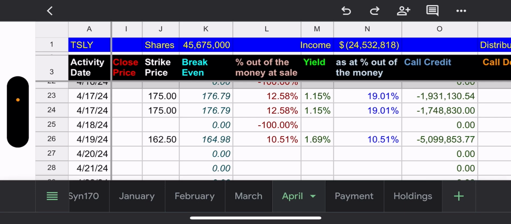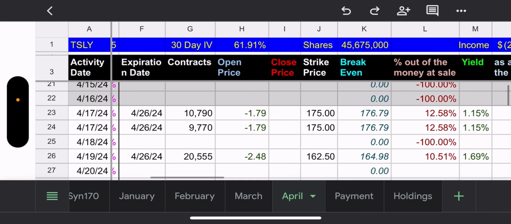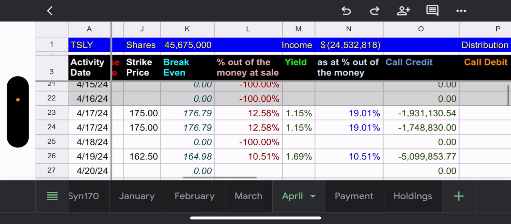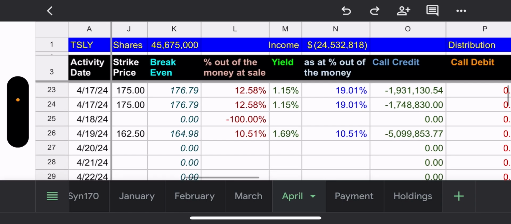You'll notice now on the April tab, which is the monthly tab, I added the IV at the top, which is cell H1. And I added, this is actually a request from one of the commenters, I always include the percent out of the money at sale, which is essentially at the time they sold the contract.